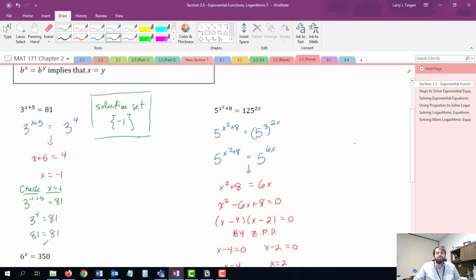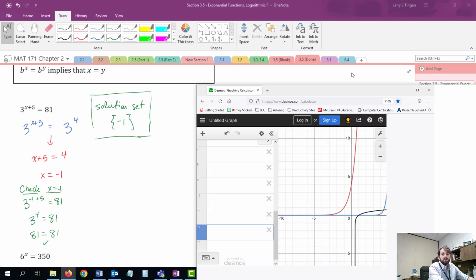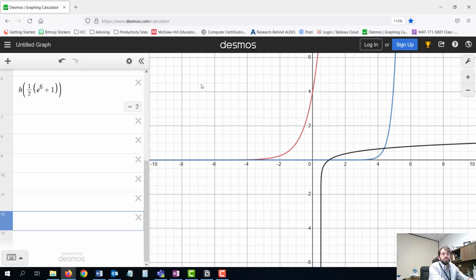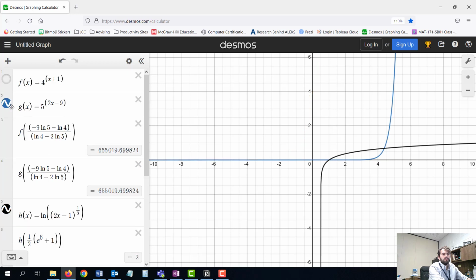Now we're going to check. And let me show you a quick way to do this. You can absolutely do this by hand for these problems. Let's get rid of these for a second because they're just confusing.